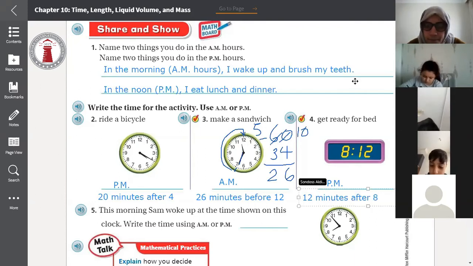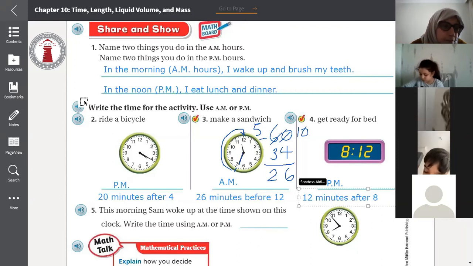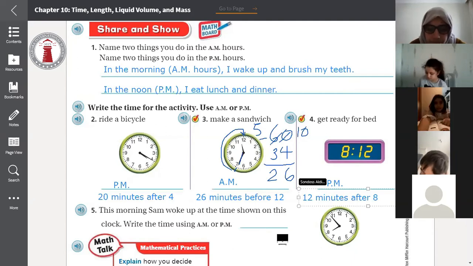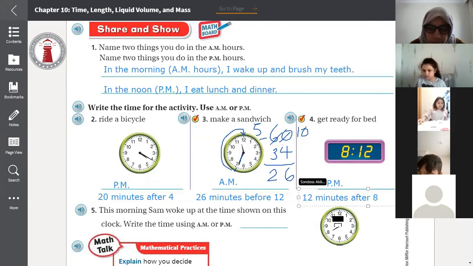I'm going to give you guys a second to write this. Let's do number 5 so you can write it together. Bisan, can you please read number 5? This morning, Sam woke up at the time shown on this clock.